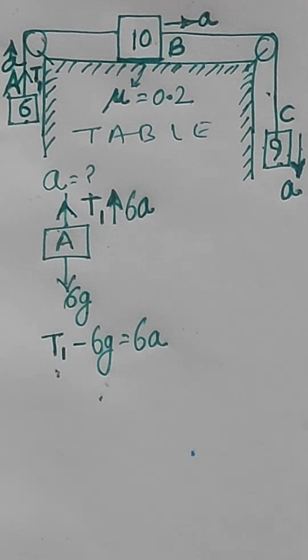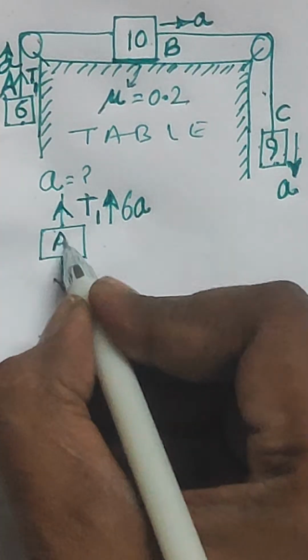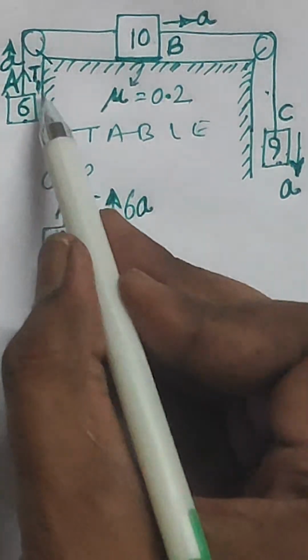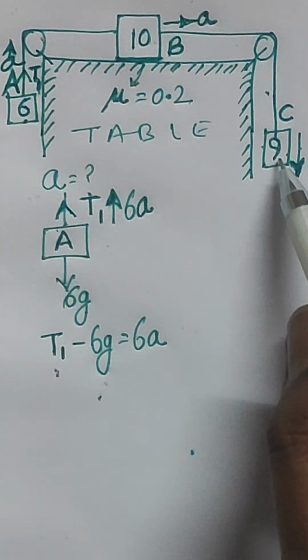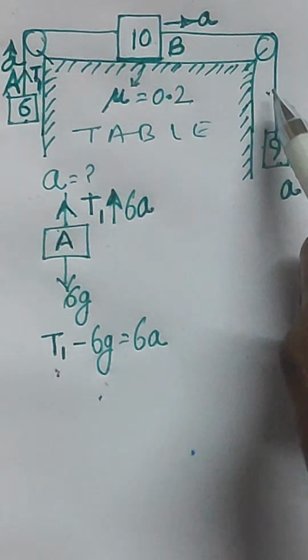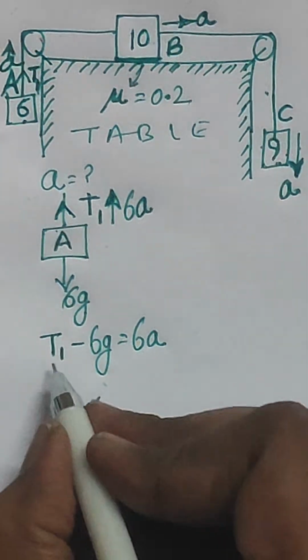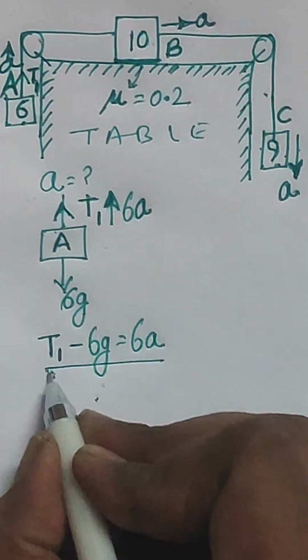This is the equation applicable on the 6 kg mass A. Why will T1 be greater? Because the 9 kg mass is heavier and the string moves from left to right. So T1 minus 6g equals 6a is one of the equations derived.